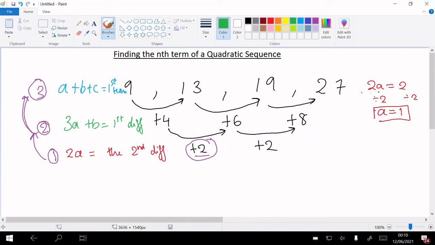But now we have the second equation. This is where you have to be careful. You can't just randomly choose any terms in the first difference. It must be the first number of the first difference. So in this case, 3a plus b is equal to 4. Keep in mind that you cannot choose things like 6 or 8.